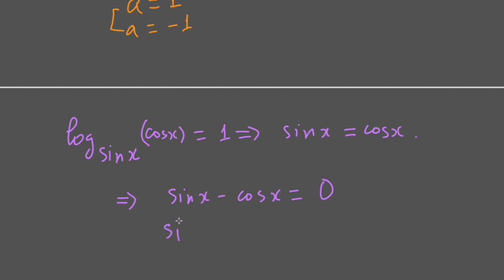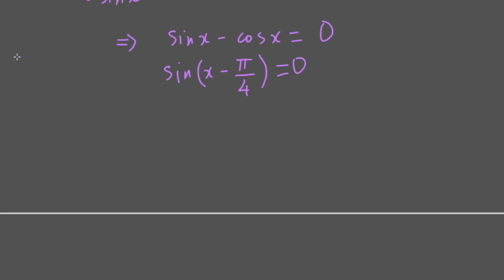Then it will be sin of x minus pi over 4 equal to 0. Then we will have x equal to pi over 4 plus k2pi, or x equal to pi over 4 plus pi plus k2pi.